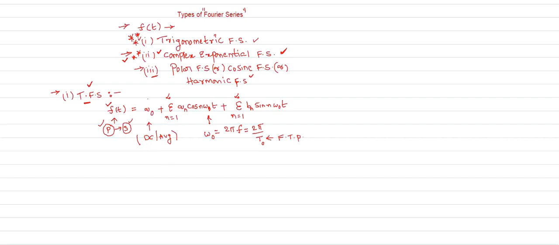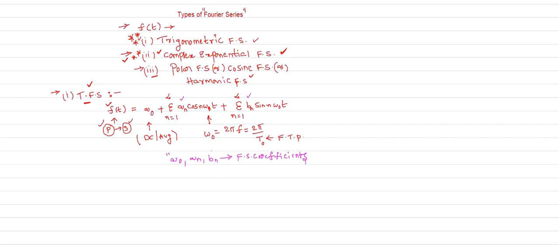And when it comes to the coefficients, these are the coefficients of your harmonic components, which are your cos and sine. Here a naught, a n, b n are nothing but the Fourier series coefficients.